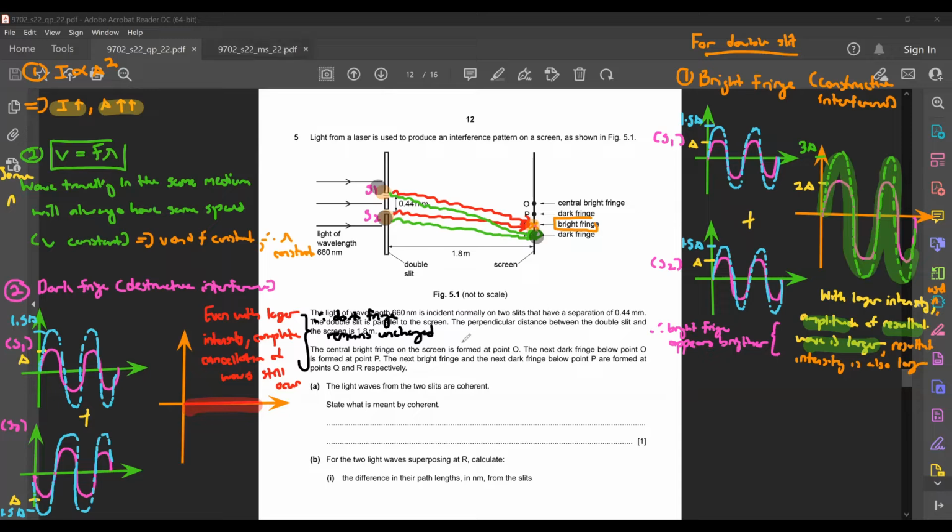Because you're talking about a double slit, they tell you here you have two slits.